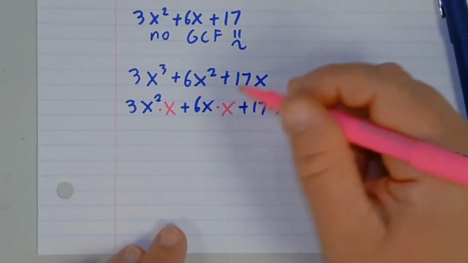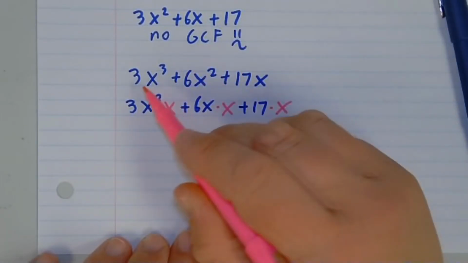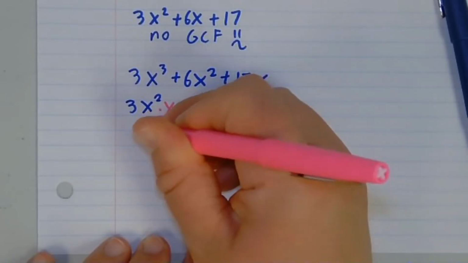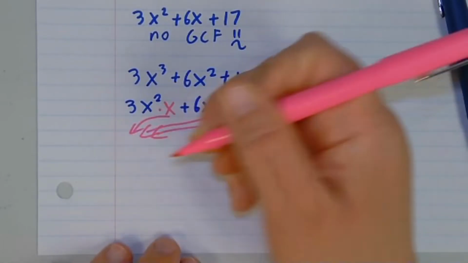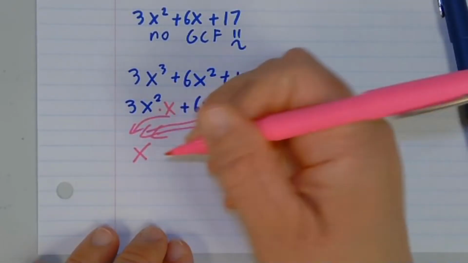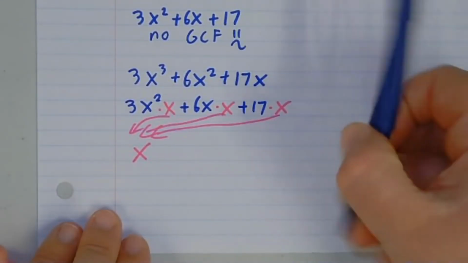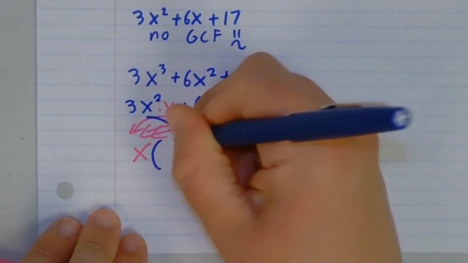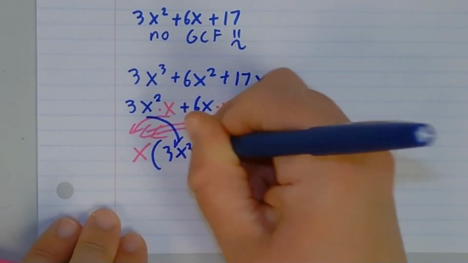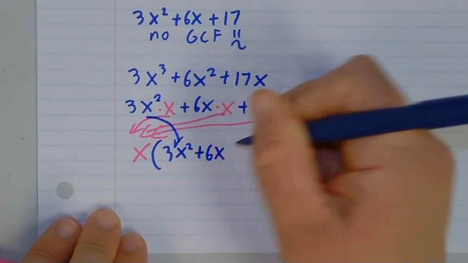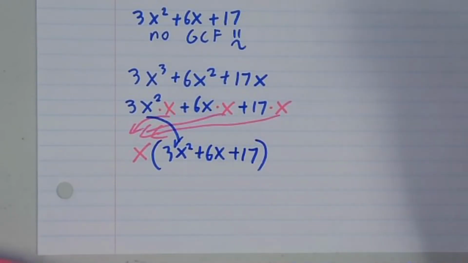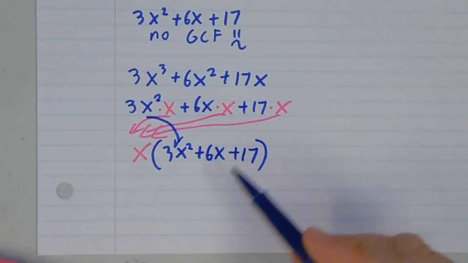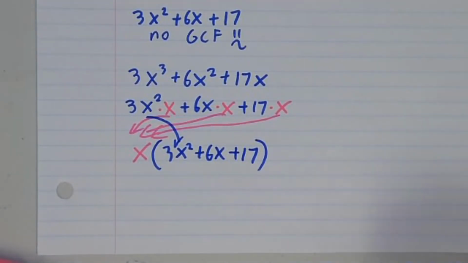And then I could factor a variable out because each of these has an x. So I can swoop an x, I can factor an x, but I like saying swoop, out of each of them. And be left with 3x squared plus 6x plus 17. So you need to take a look at both the constants and the variables when factoring.